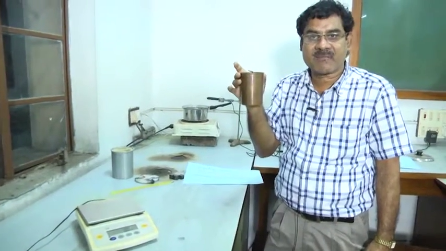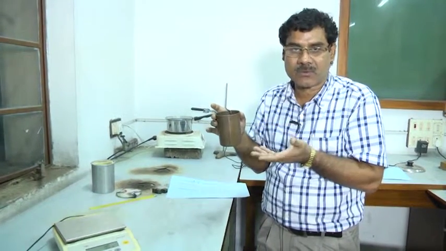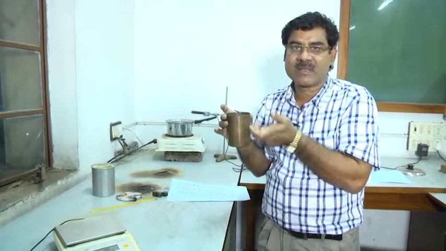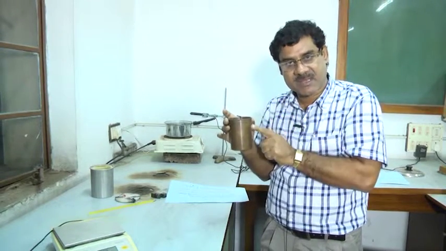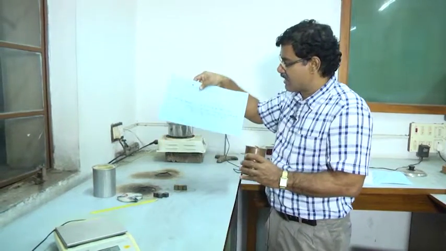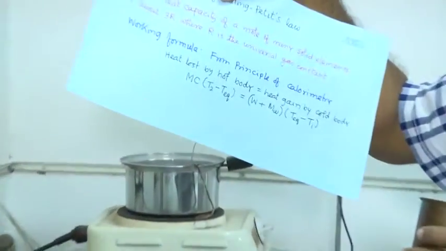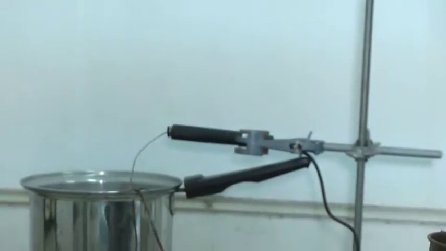The specific heat of this copper material is given, known. I will multiply this mass with the specific heat of copper. That is basically W, from the formula I have shown you, the water equivalent. And this MW is the mass of water.